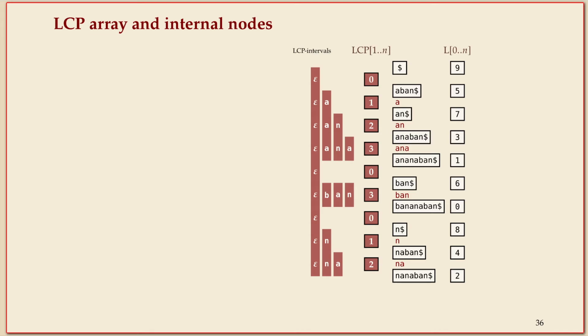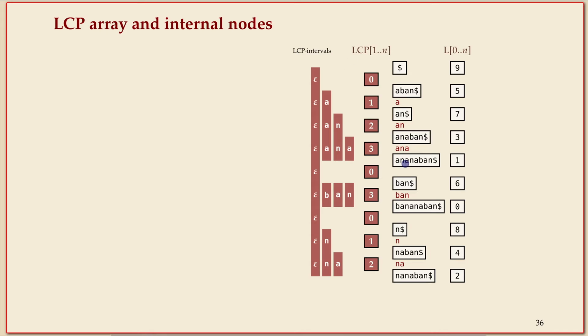And now I can do something called LCP intervals, which is tracing ranges where this common prefix starts again with a common prefix. Let me make it clear on an example. The entire range is spanned by the epsilon LCP interval. Everyone starts with the empty string.